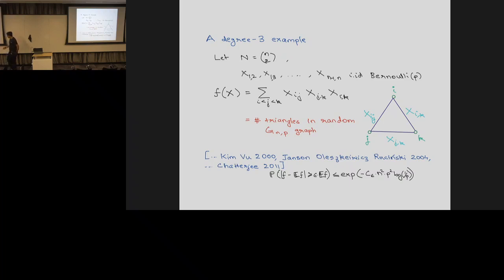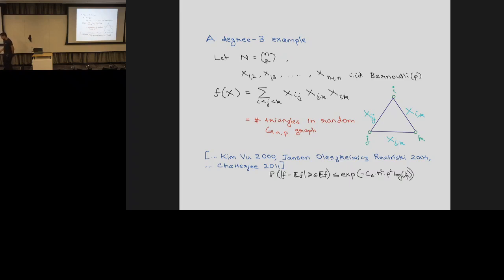And for triangles, Chatterjee gave basically the optimal bound, even giving the right constant, the right dependence on p, including the log factor, which was a little tricky to get in previous methods. I just want to say that these are very sharp results that are known about this kind of question.